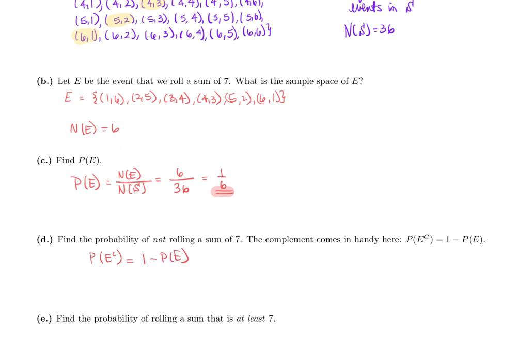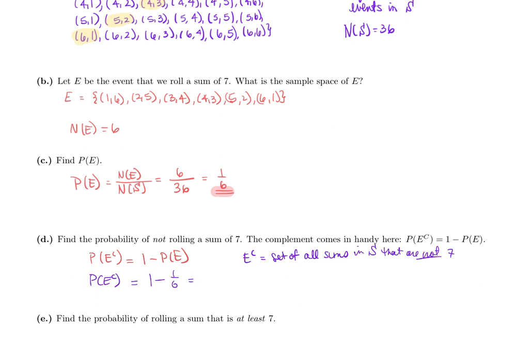So let's define what exactly this means. Well, E complement is the set of all sums in our sample space that are not 7. So what that means is the probability of not rolling a sum of 7 is 1 minus the probability of rolling a 7, which is 1/6.